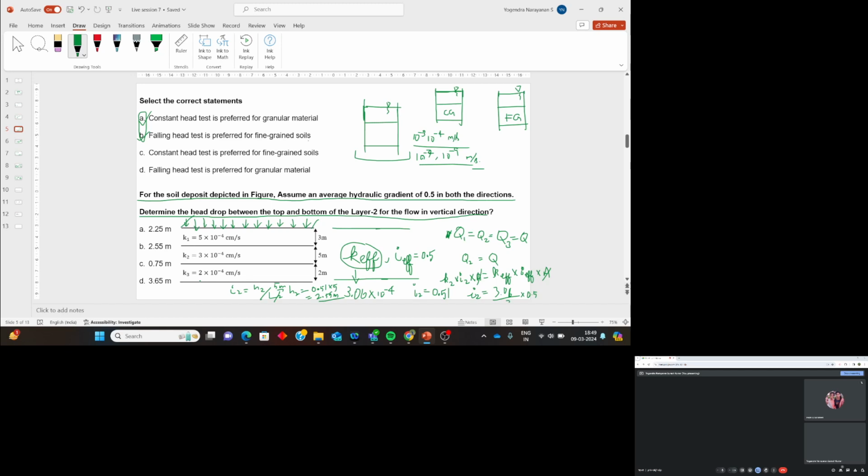First one, H1 is equal to 0.918. Third one, 1.53.